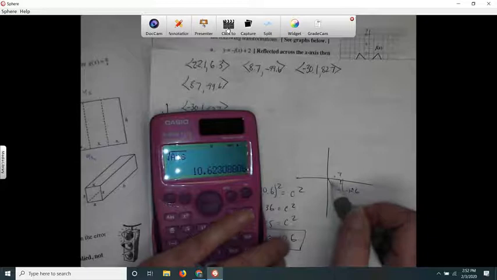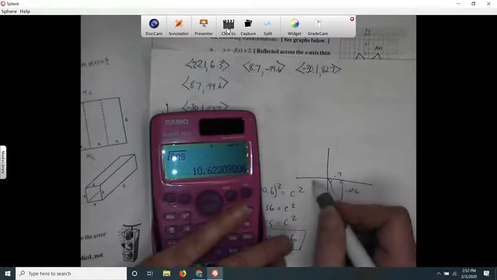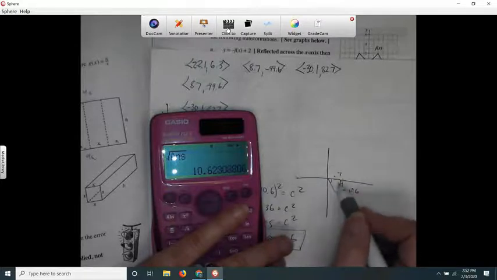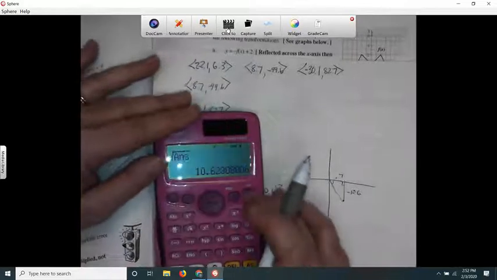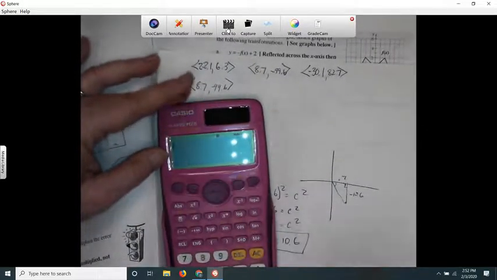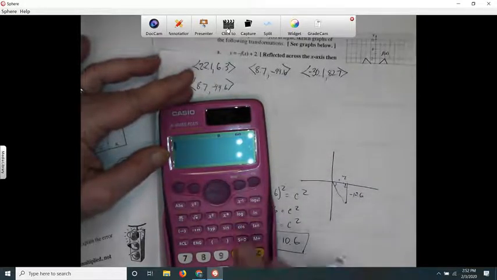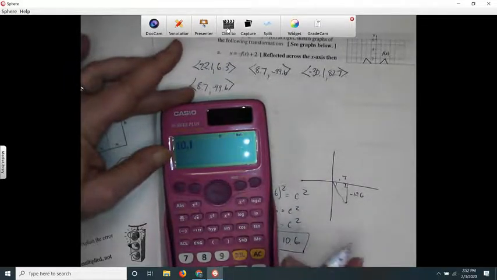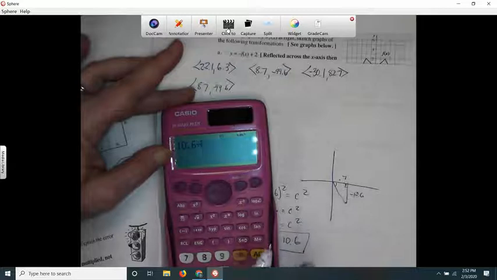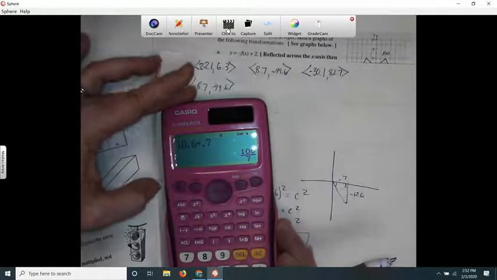I think I can get this by using inverse tangent, and then being careful to make sure it's in quadrant 4. If I use the negative, I bet my calculator could work that all out for me, but I'm going to just use inverse tangent. I'm going to go 10.6 divided by 0.7, and then take the inverse tangent of that.